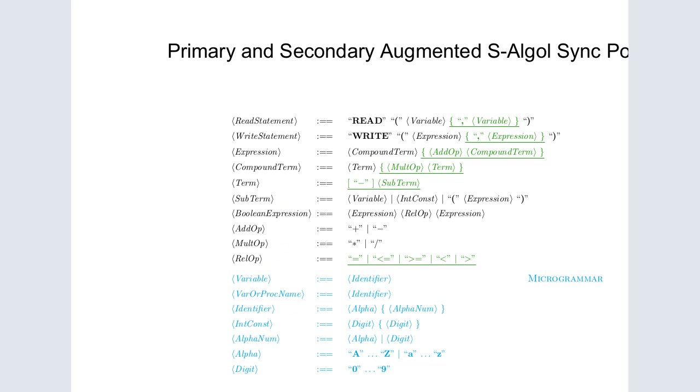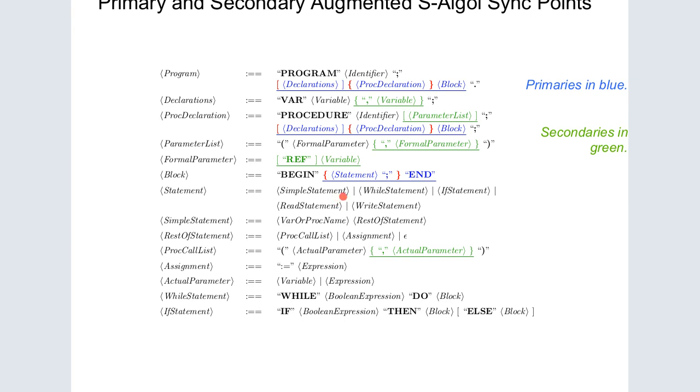Apart from that, what I've shown here is the primary and secondary augmented S-algol resynchronization points in the language. The primary augmented S-algol points are shown in blue, and the secondaries are shown in green. And in parser 2, you only have to implement augmented S-algol resynchronization for the 3 primaries.